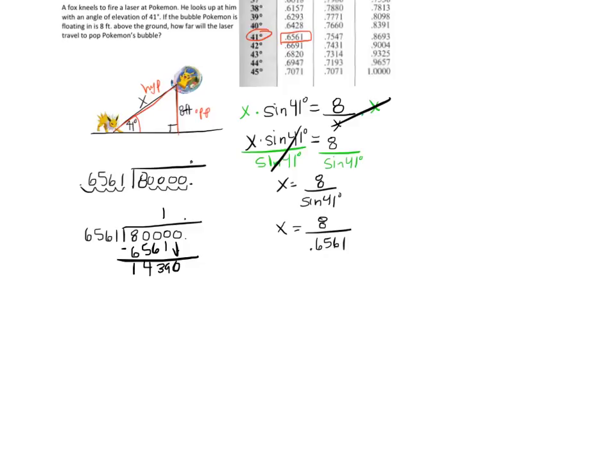Now it happens to fit, 6,561 fits into 14,392 times, and 2 times 6,561 is 13,122. When you subtract that, you get 1,268. And I'm going to bring down a 0.